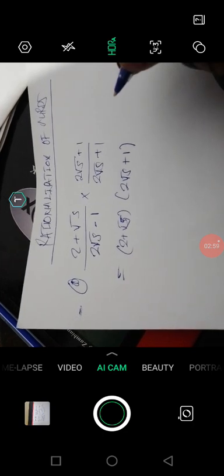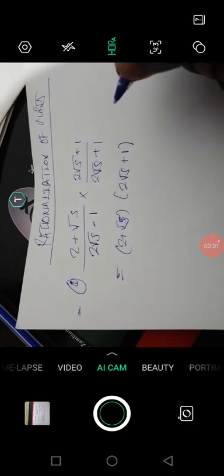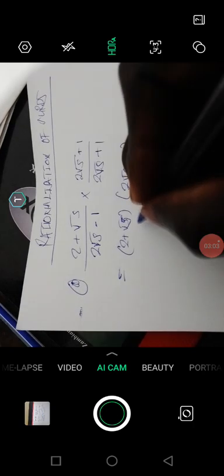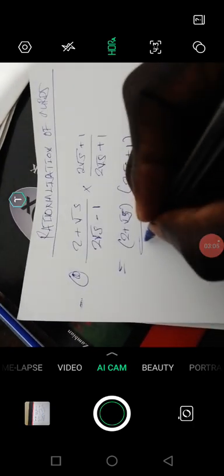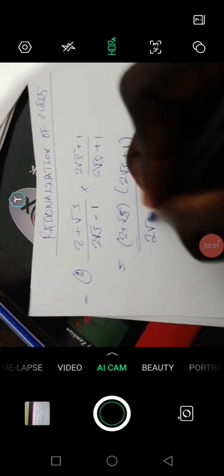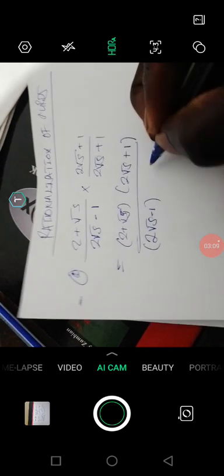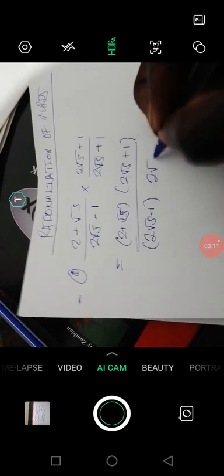If you look very properly, divide by 2 root 5 minus 1, then 2 root 5 plus 1. What's going to happen here is this 2 is multiplying with everything that is inside, and this is also multiplying with everything that is inside.